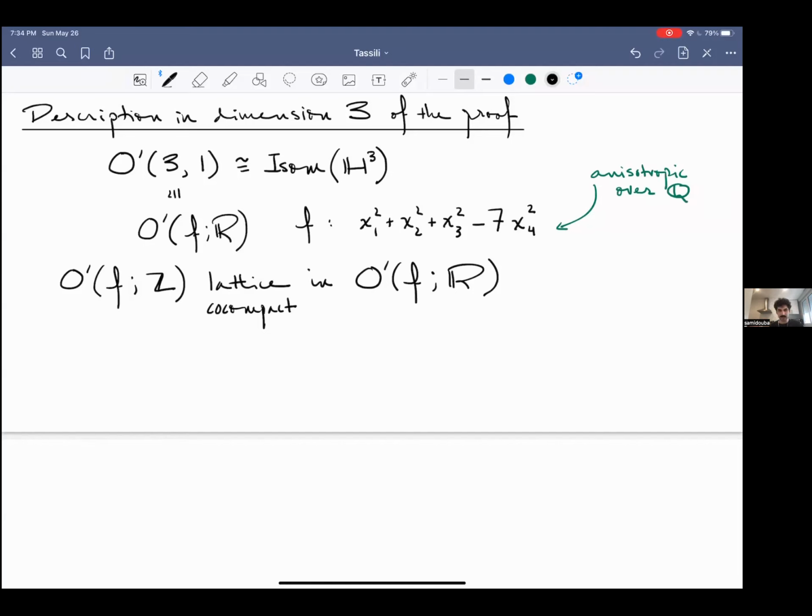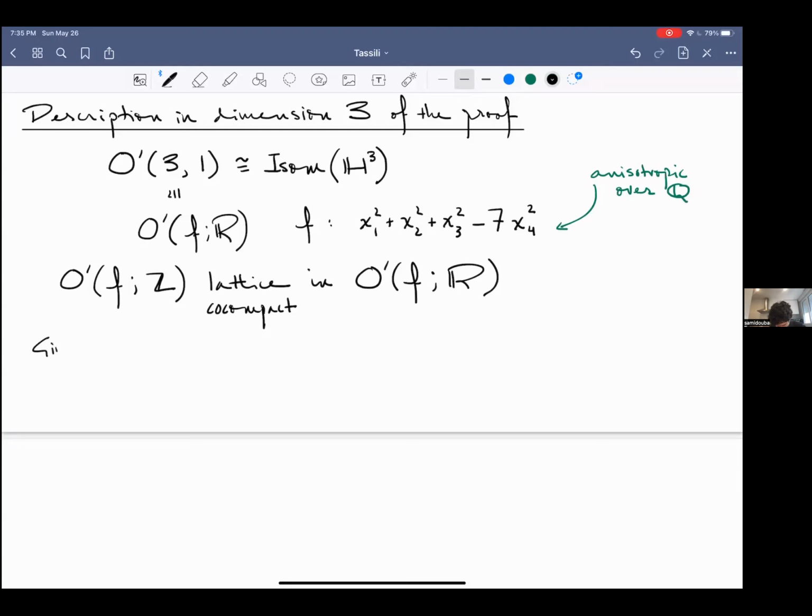And it will be an orbifold, not a manifold. But if you pass to a finite index torsion-free subgroup, it will be a manifold. And this is the manifold that we're going to work with. We're going to try to find a finite cover.